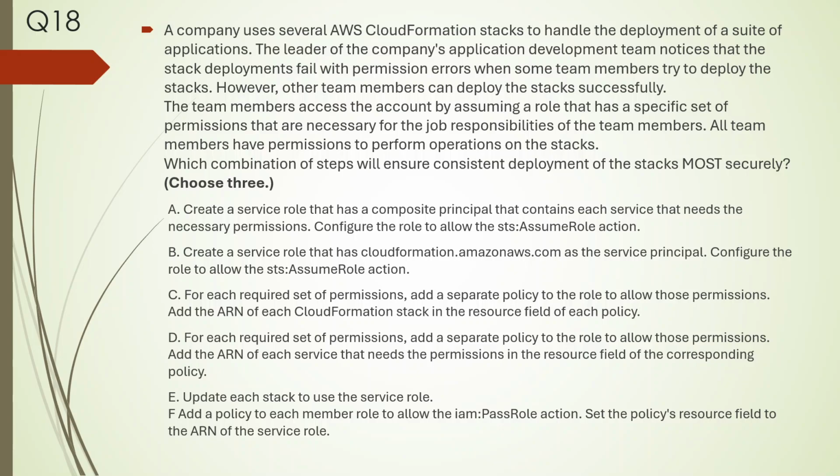And another, so it should be D. For each required set of permissions, add a separate policy to the role to allow those permissions at the ARN of each service that needs permission in the resource field of the corresponding policy.